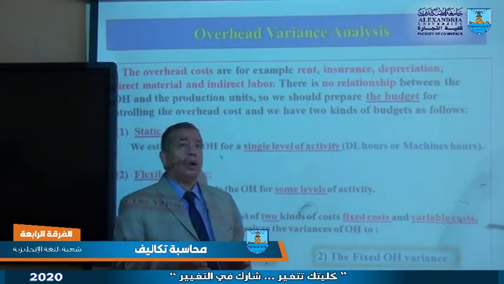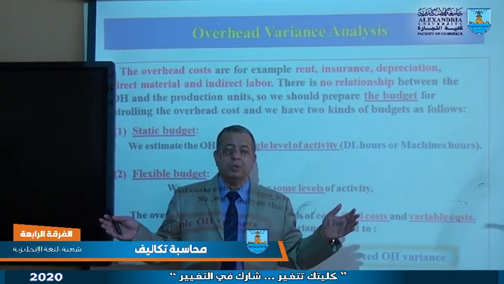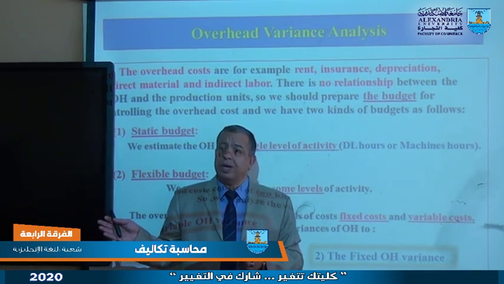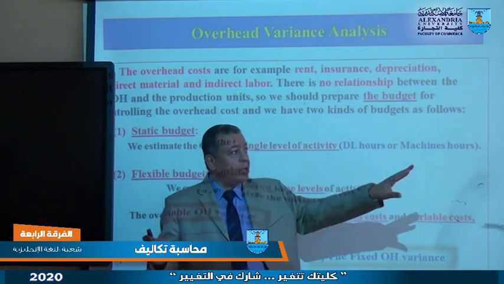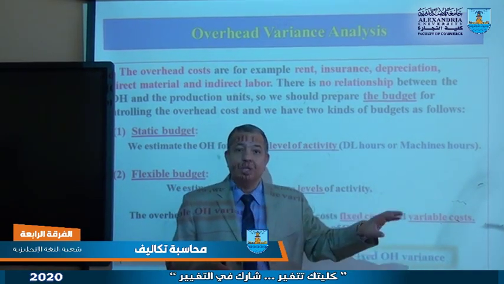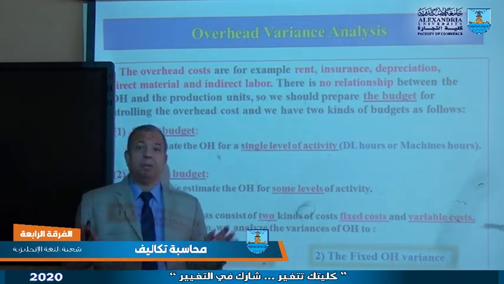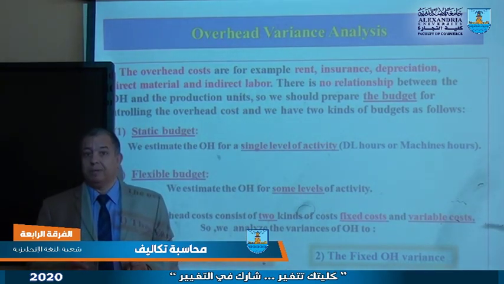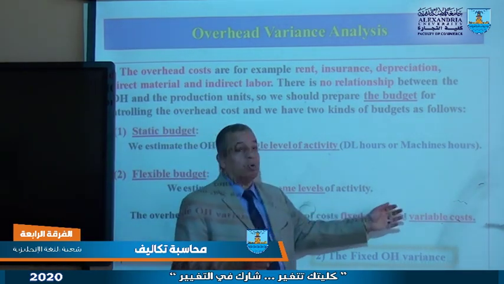Again, what are the kinds of manufacturing overhead? I will speak about indirect material, indirect labor, rent, insurance, depreciation, etc. So we can classify the manufacturing overhead into two parts: variable and fixed costs.